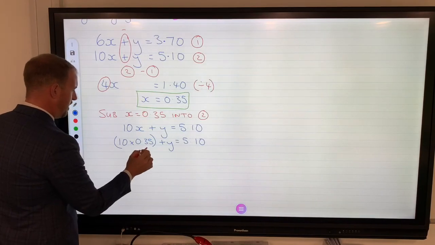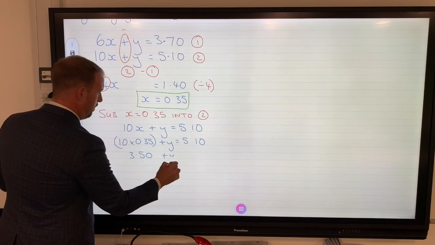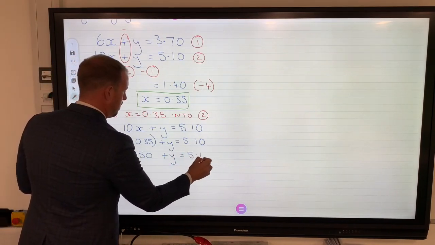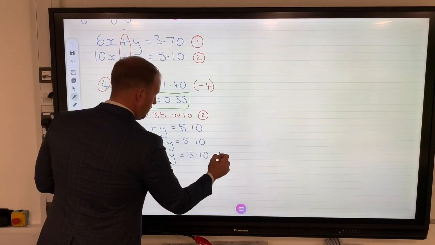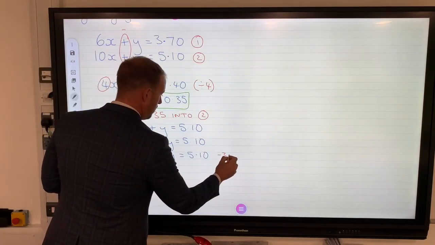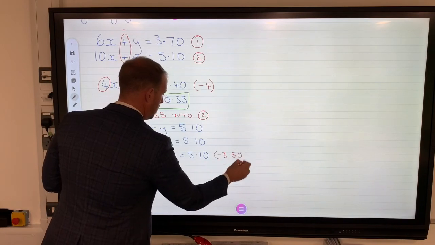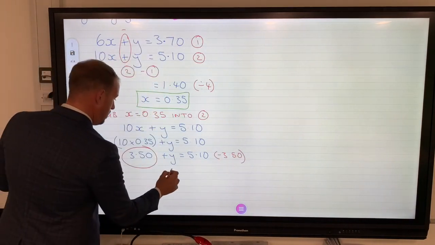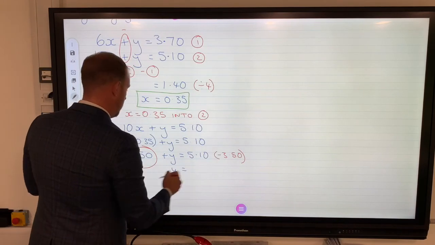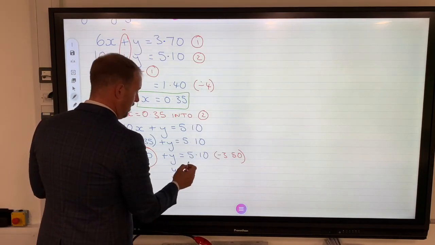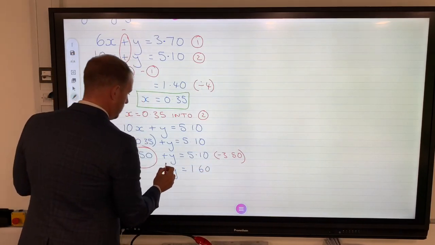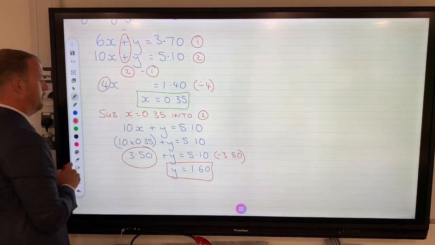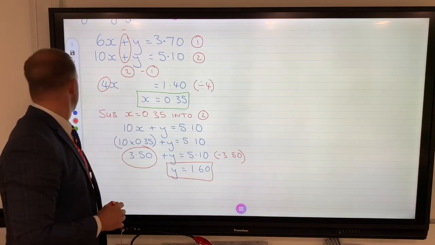Well, 10 35p's is £3.50 plus something is £5.10. So if I subtract £3.50, then y will be £3.50 taken away from £5.10, which is £1.60. So it's 35p per mile, and my fixed rate is £1.60.